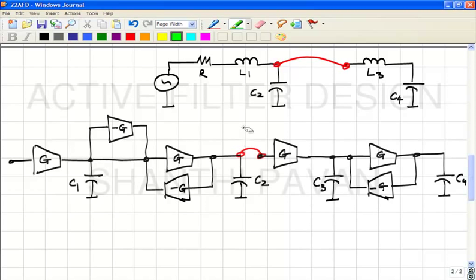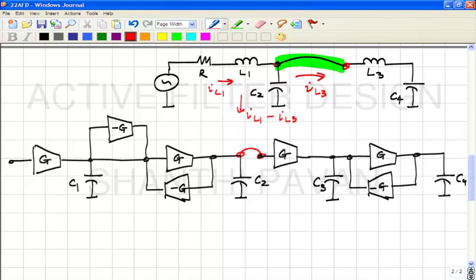Unfortunately, what is not being followed here is the fact that in the passive structure, the moment you connect this wire from here to here, the current that flows through the wire, IL3, is being removed from the capacitor C2. Earlier, IL1 would completely flow into C2. This, by the way, is IL1. After you make the connection, what is flowing into C2 is not IL1, but IL1 minus IL3.